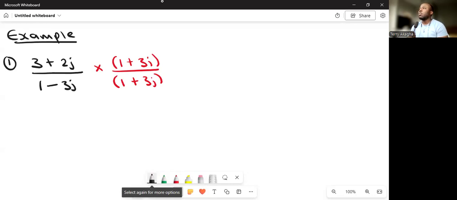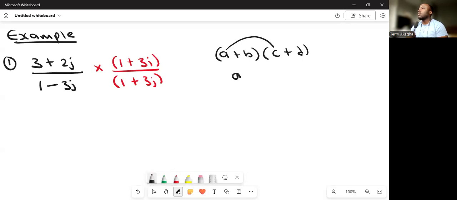So remember, I explained the concept of expanding brackets. So when you have a plus b multiplying c plus d, I told you it's going to be a times c, will give you ac. A times d will give you ad, and b times c is going to give you bc, and b times d is going to give you bd.